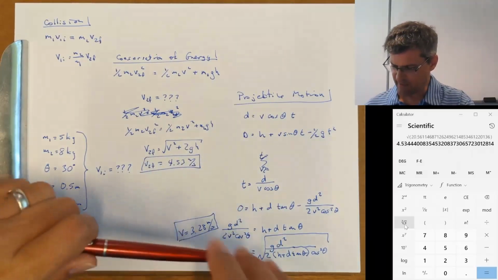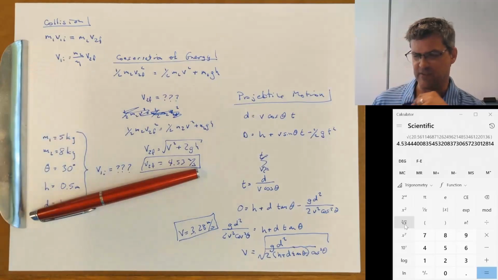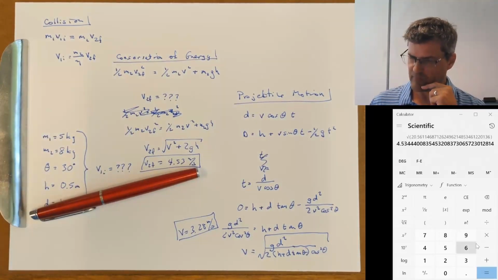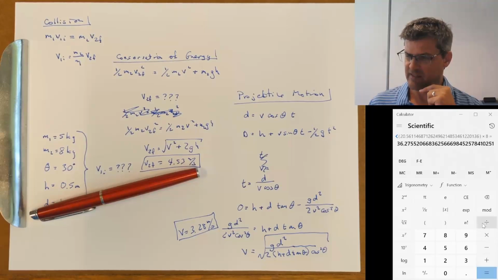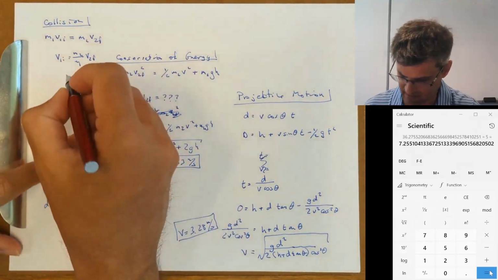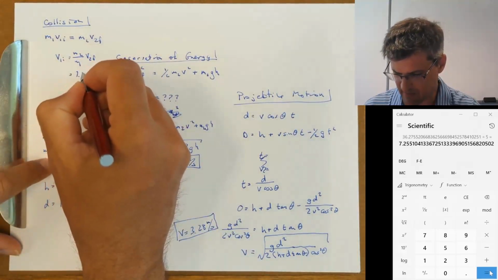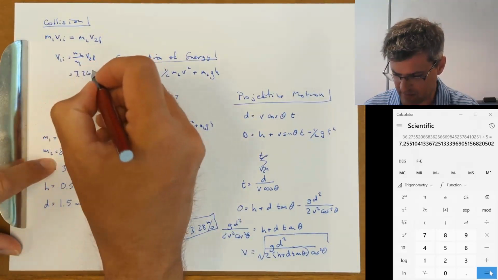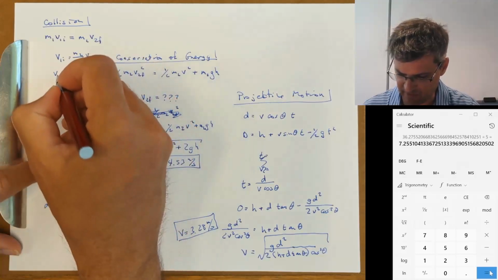And now knowing this, we can go back to this equation. I can multiply this times 8, divide by 5, and I've got 7.26 meters per second.